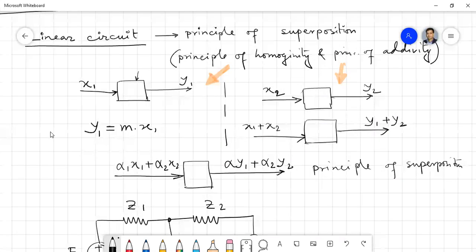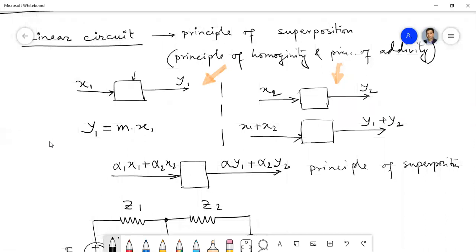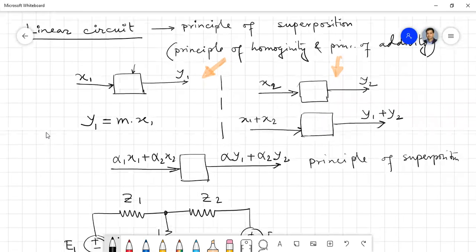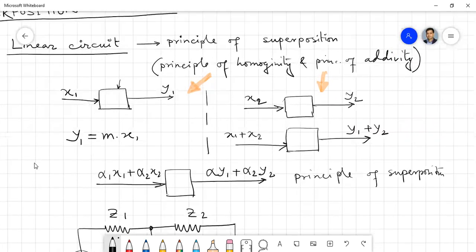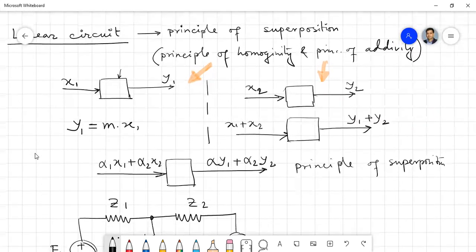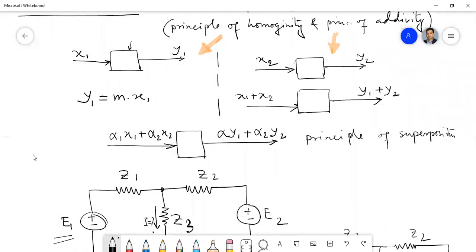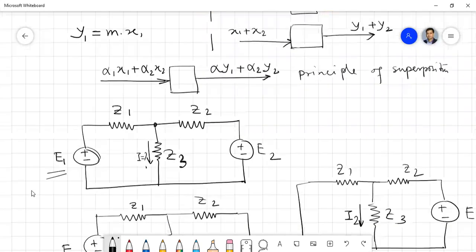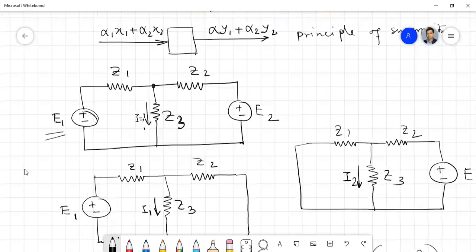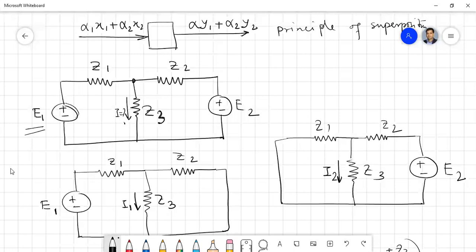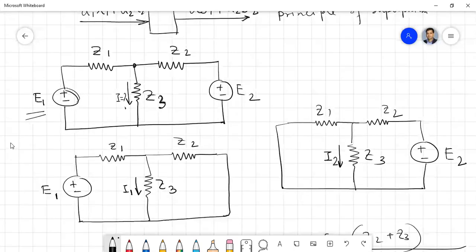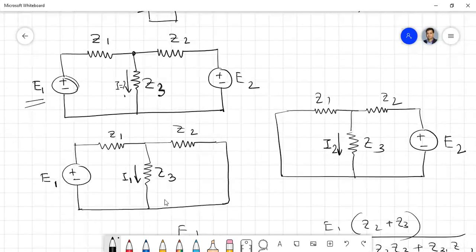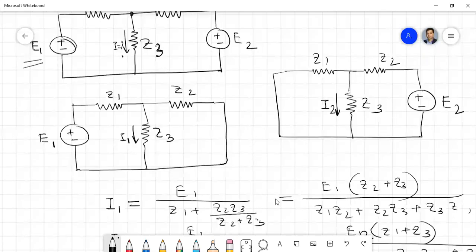And as we discussed in the last class, this principle of superposition is basically the combination of two principles, the principle of homogeneity and the principle of additivity. So this is how we discussed. Now we also stated the theorem having four parts, and then we took a generic circuit to discuss the theorem.